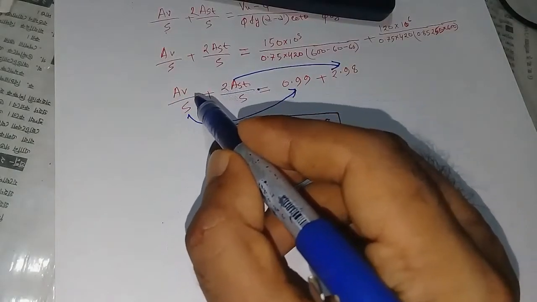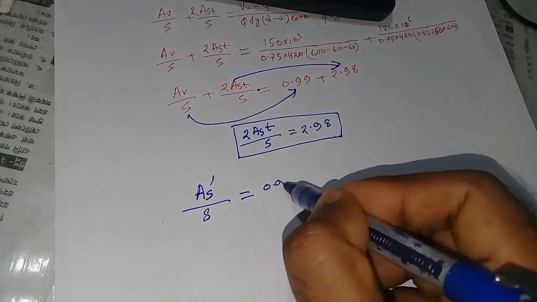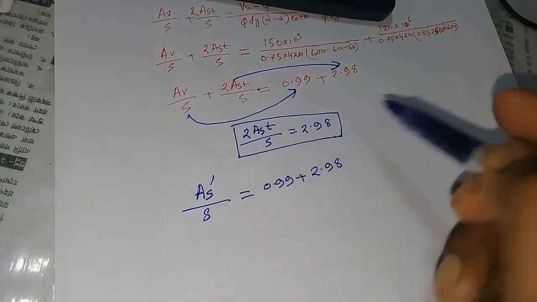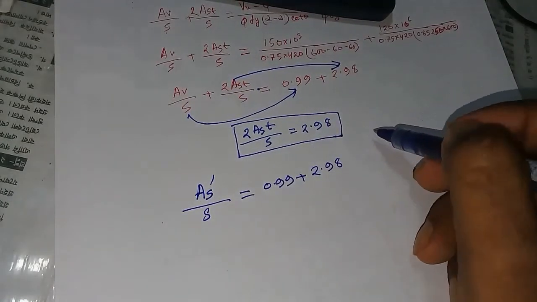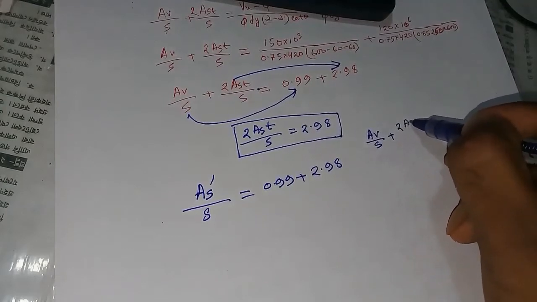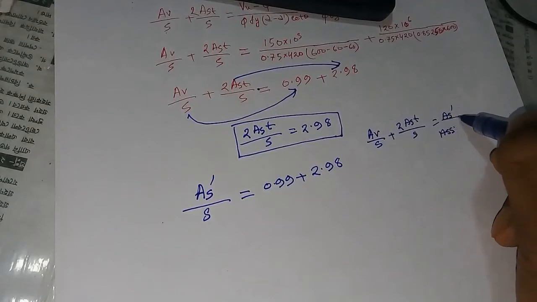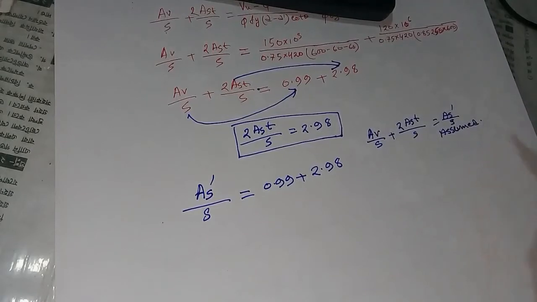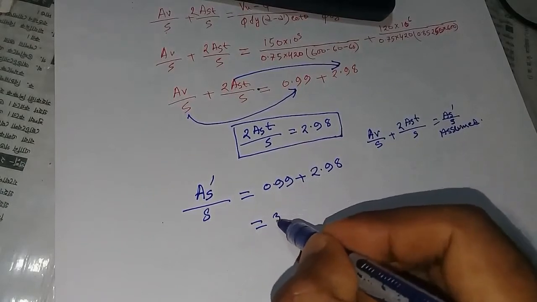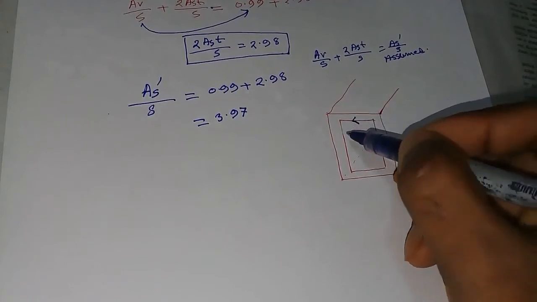Now from here we can say As prime divided by s equals 0.99 plus 2.98, that is Av plus 2Ast, assumed As prime divided by s, so here it is 3.97. Here we use a 4 leg shear stirrup.